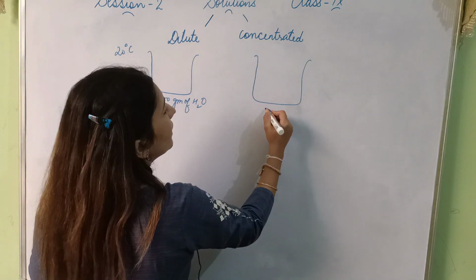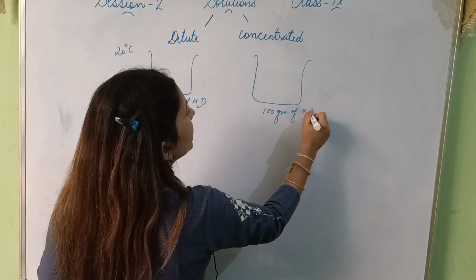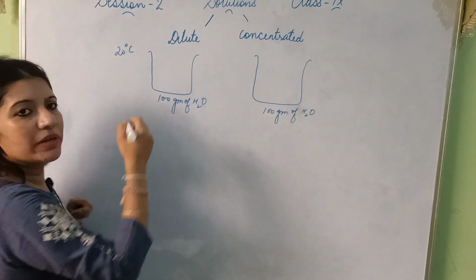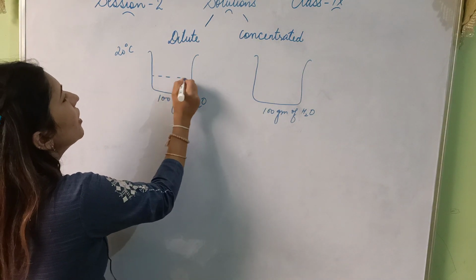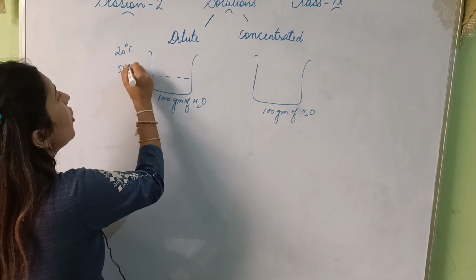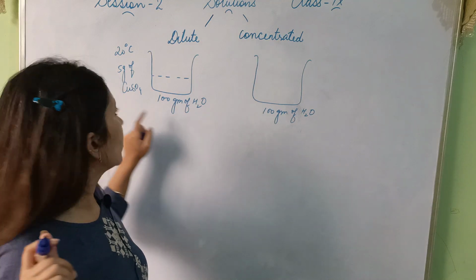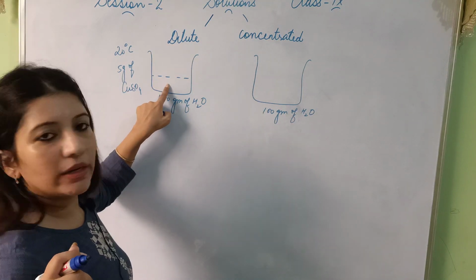Again, here the solvent is the same and the quantity is also the same, 100 gram of water. Now suppose I dissolve a few crystals, or say 5 gram, of copper sulfate in this 100 gram of water. My copper sulfate is the solute, 5 gram dissolved at 20 degrees Celsius.